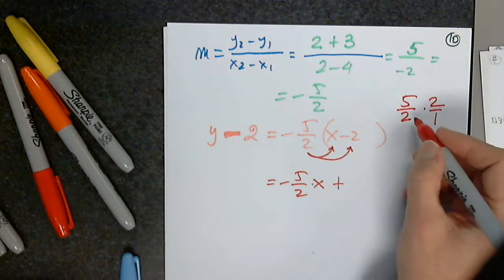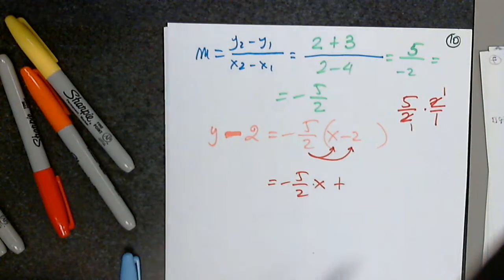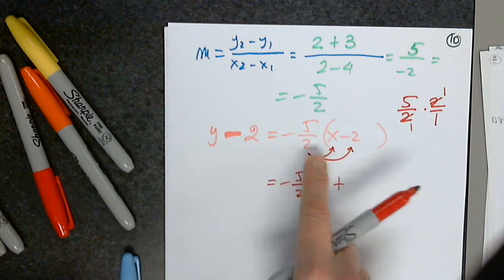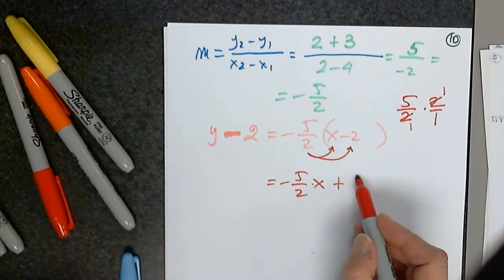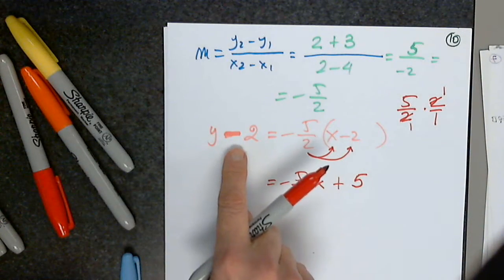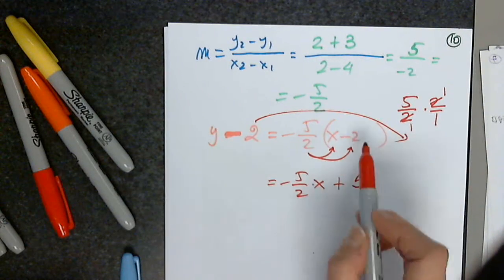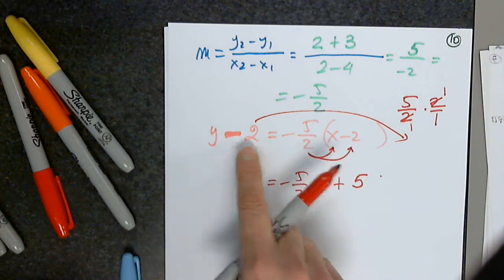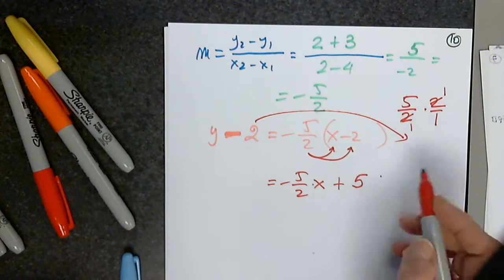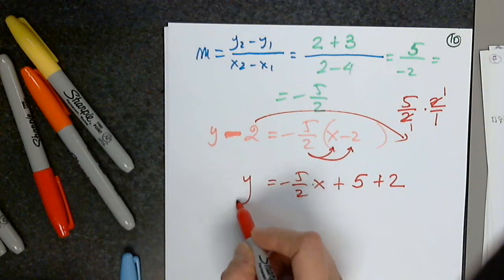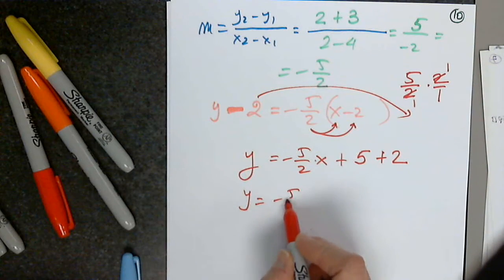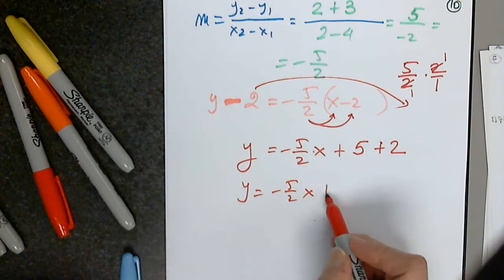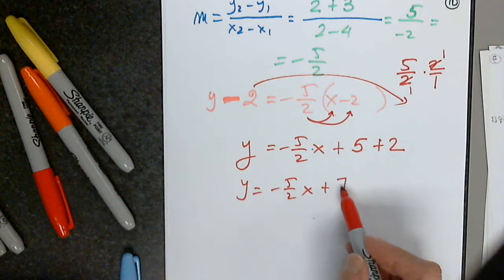Always simplify before you multiply. So negative 5/2 times negative 2/1 will be plus. Very good. And then I'm bringing 2. I move 2 to the other side. It's negative here. What will happen here? Very good. So that's my y. That's all that's left on the left-hand side. So y equals negative 5/2 x and then plus. That's it.